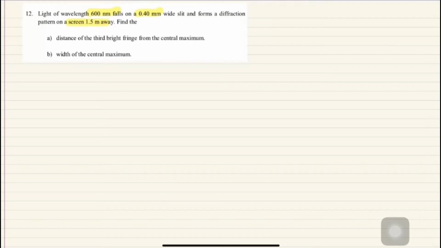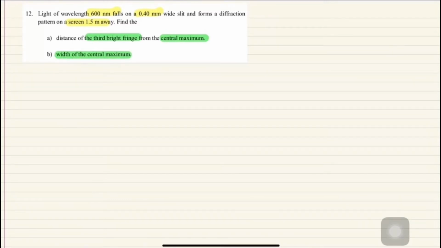So here they clearly say this is a diffraction pattern, so straight away you know you have to use the formula for single slit. Distance of the third bright fringe from the central maximum. So they want to find y for the third bright fringe. Then for the second question, they want to find the width of the central maximum.